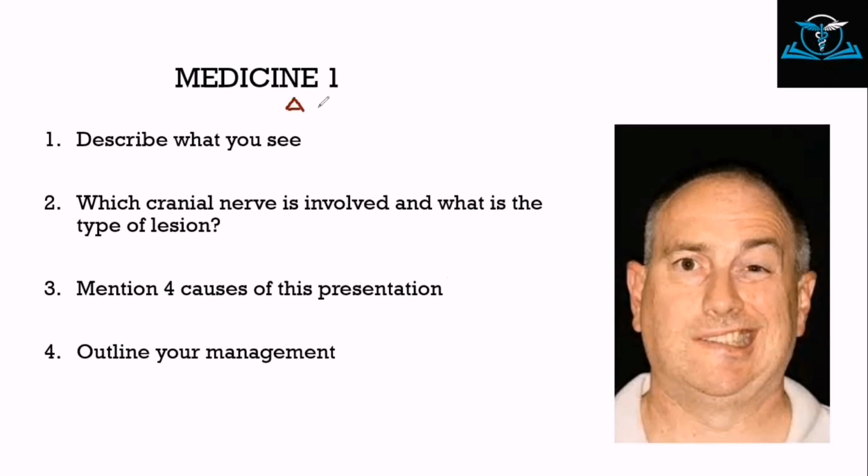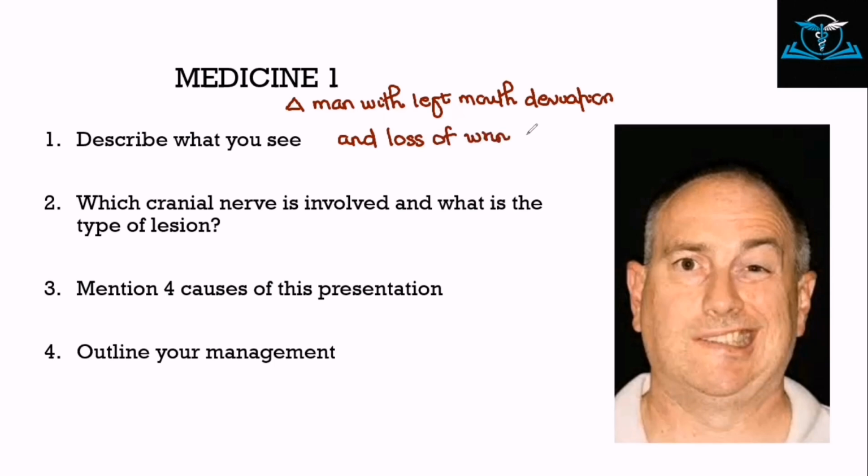So if you think you would have time, write: a man with left mouth deviation and loss of wrinkling and nasolabial fold, loss of forehead wrinkling, and nasolabial fold on the right.